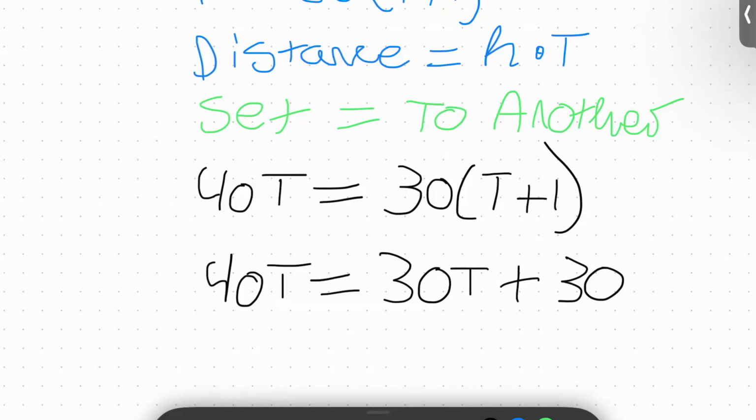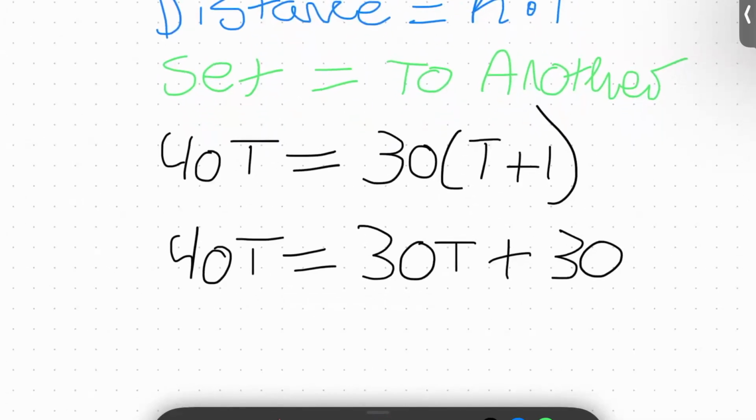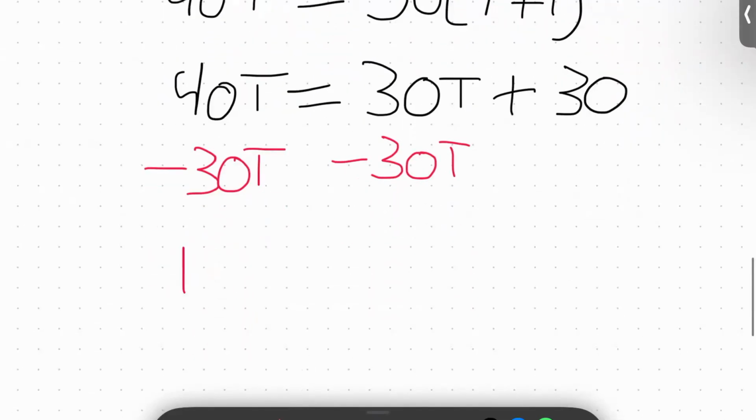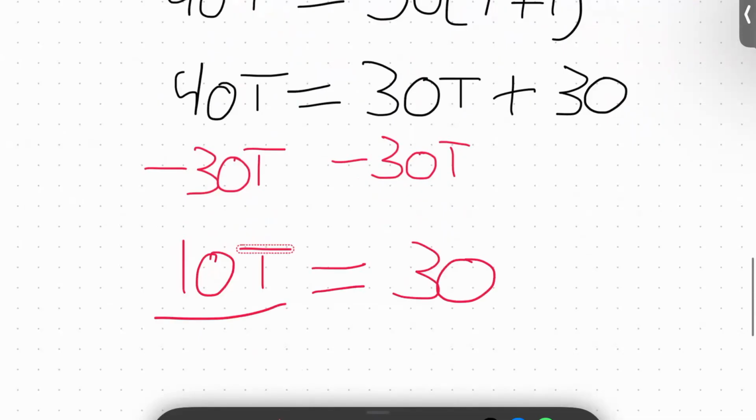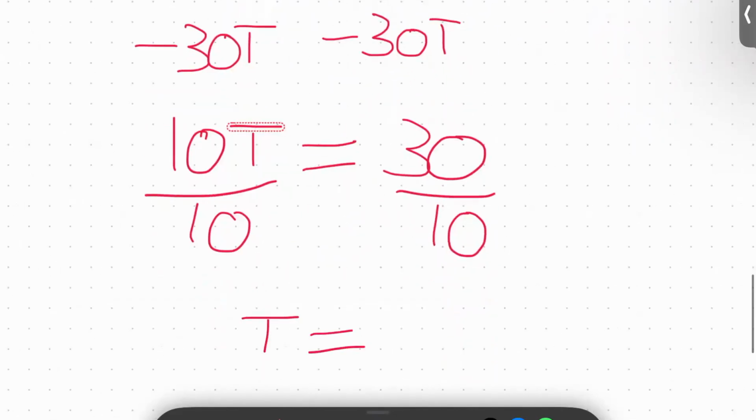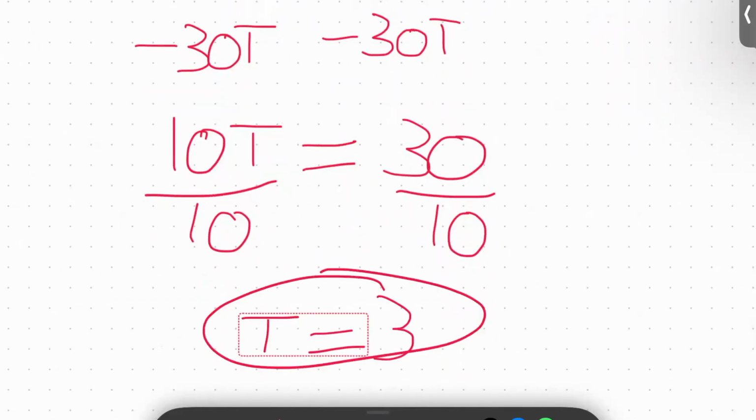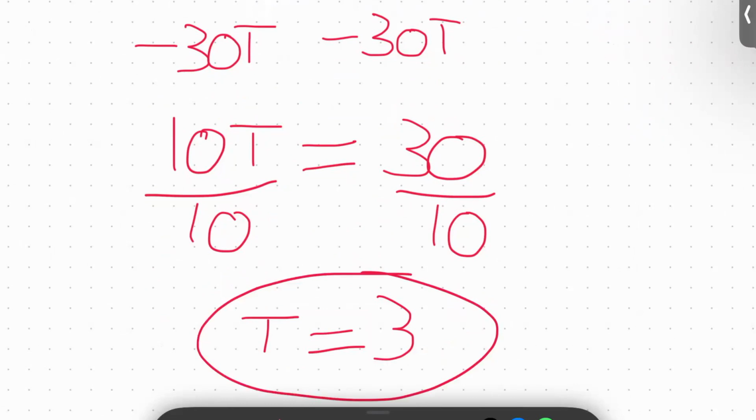Well, the first step is we're going to distribute. Then we're going to end up with 30t plus 30. We're going to subtract 30t, and we're going to end up with 10t equals 30. Divided by 10, divided by 10, t equals 3. So it's 3 hours.